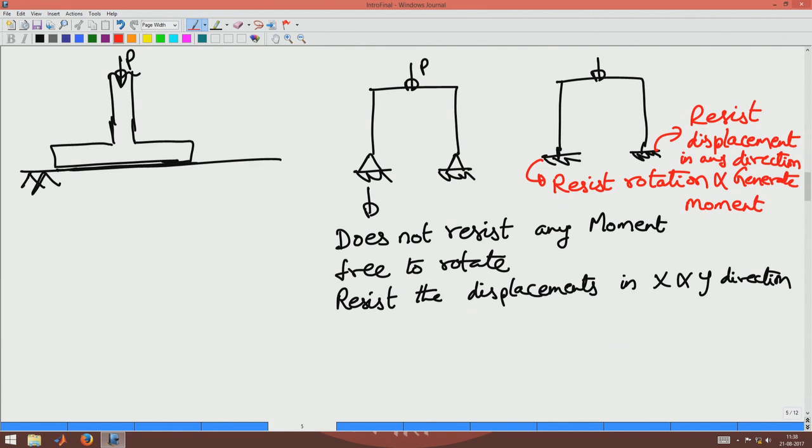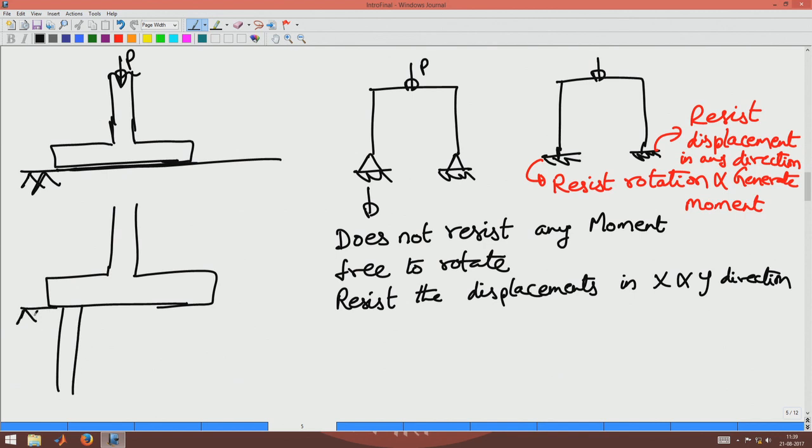Now, what is it that I have to assume? That depends upon how I have designed the foundation. There are two options. One is the foundation can rest on the earth like this, or the same foundation can be supported by piles like this.